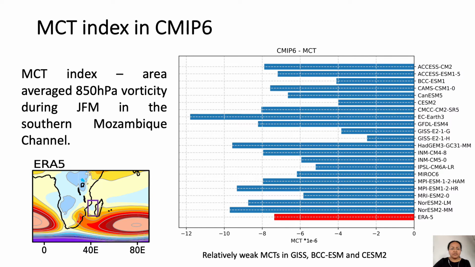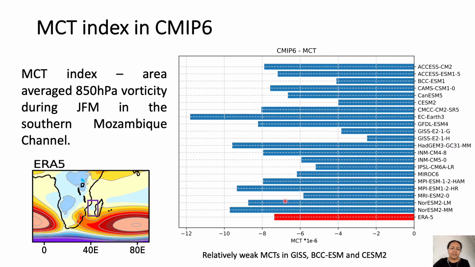By looking at the MCT index, which is the area average of 850 hectopascal vorticity during JFM in the southern Mozambique channel, we have this plot. The red is the ERA-Interim and the blue is for the models.